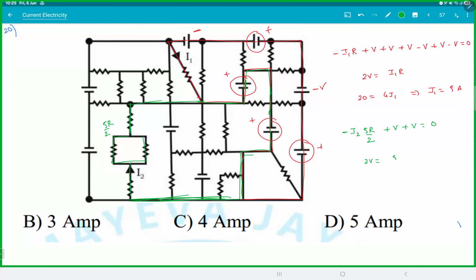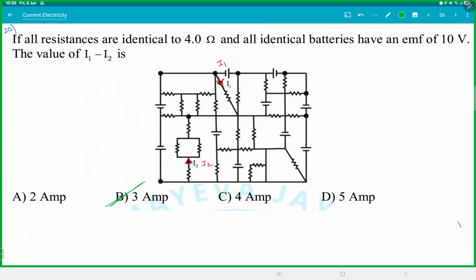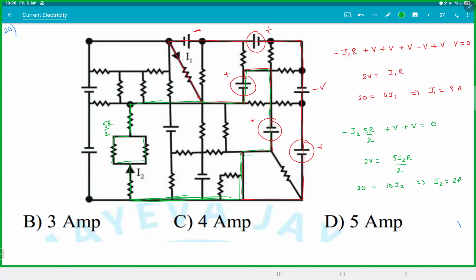So 2V is equal to 5 I2 R by 2. This is 20 and that is 4, so 10 I2. I2 is 2 ampere. You want the difference between them? It's 3 ampere. Got it? 3 amperes. Any doubts on this?